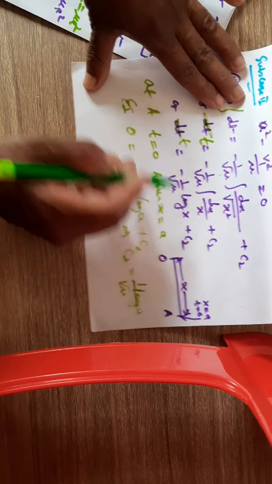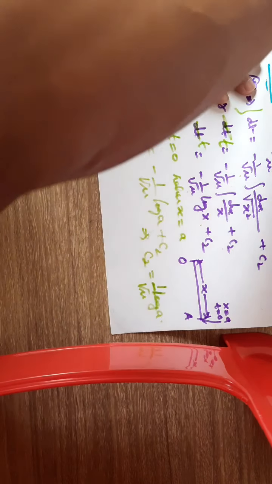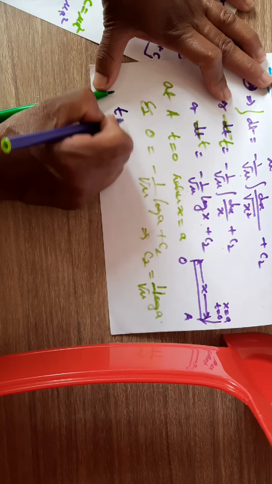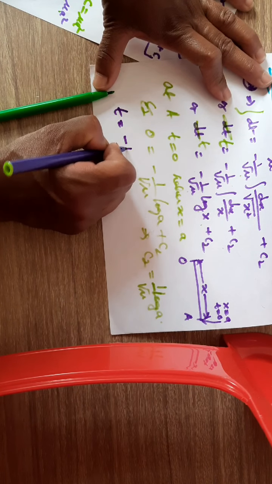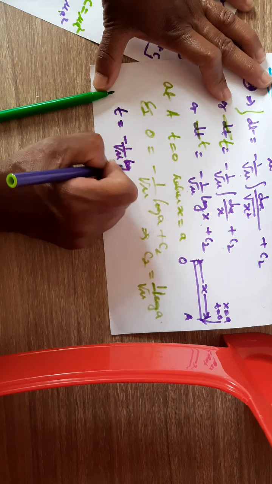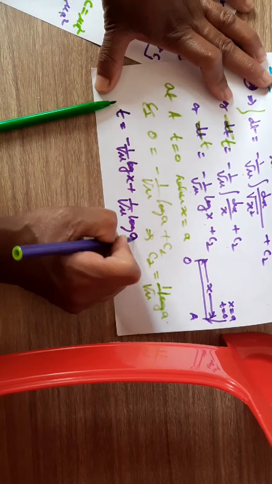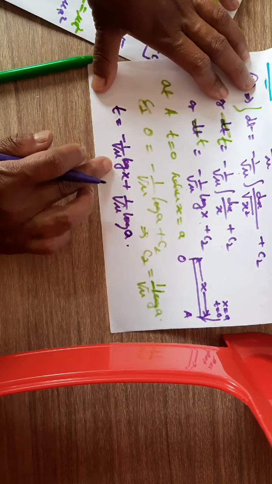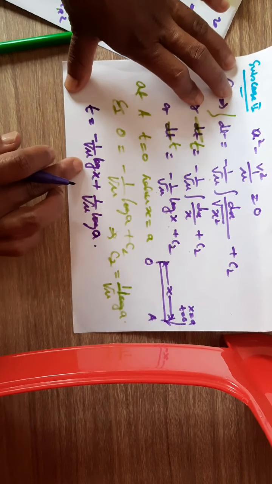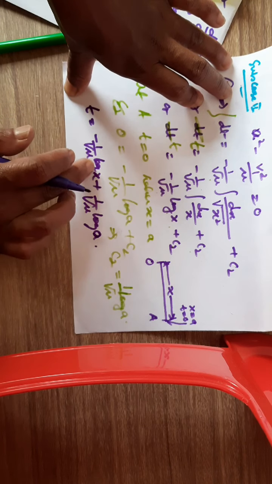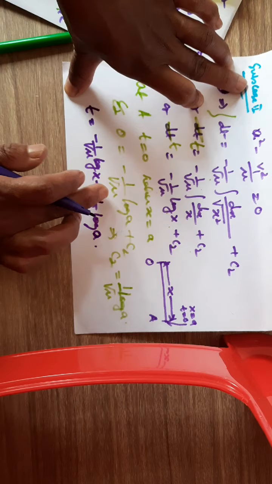So finally substitute it here, then you will get t is equal to minus 1 by root mu log x plus 1 by root mu log a. Simplify this one using the properties of logarithm, then 1 by root mu can be taken out. Then here you'll get log a minus log x, which can be written as log of a by x.